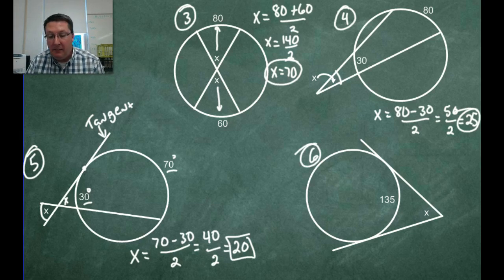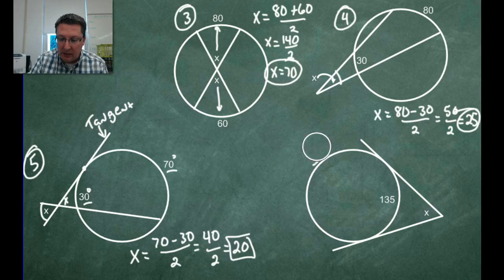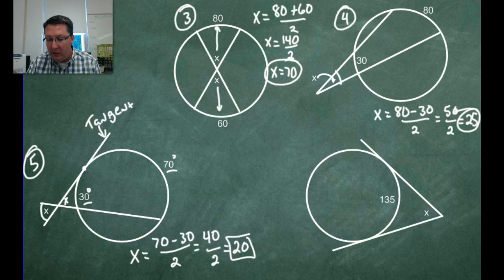The concern I have is right now I only know one arc. It's 135 degrees. That goes from this point here, the point of tangency there, and I have another point of tangency here. So I have an arc on the inside. I also need to know this arc out here to be able to find x. Well, how am I going to find that arc?